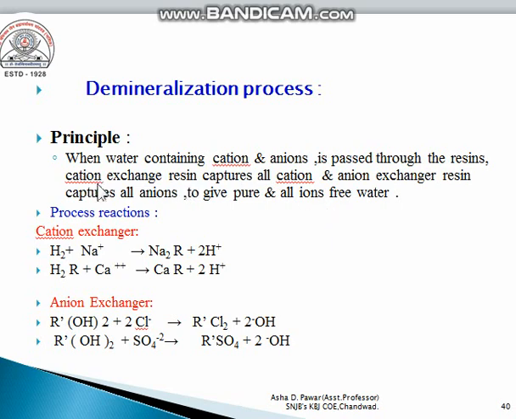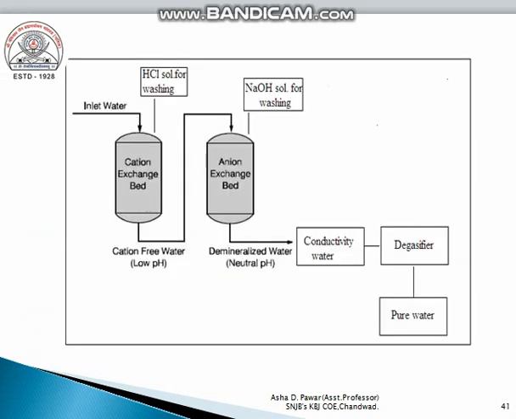Cation exchange takes place with the cation exchanger resin and anion exchange with the anion exchanger resin. After treatment in the demineralization cell, the water is completely pure and ion free.